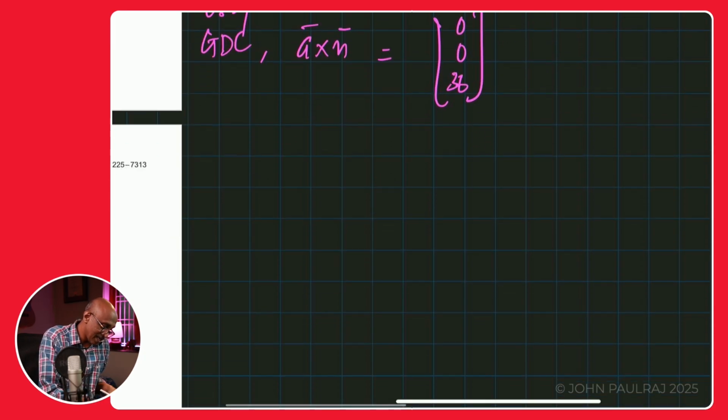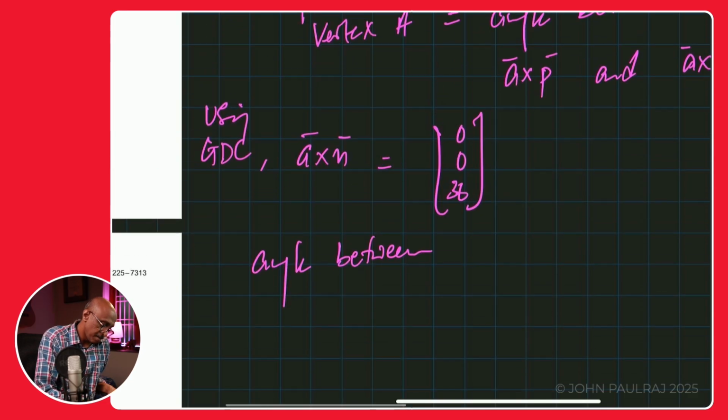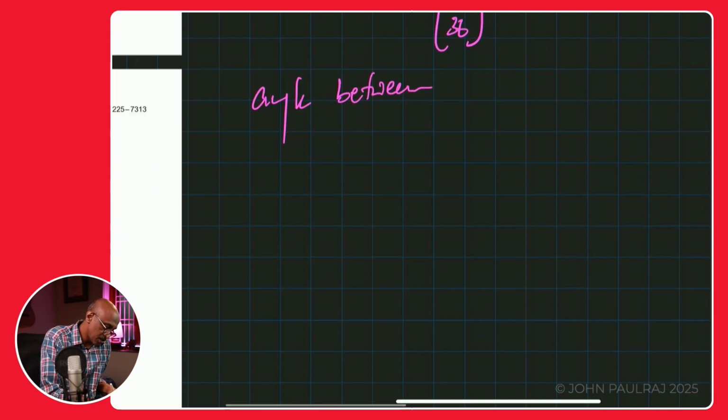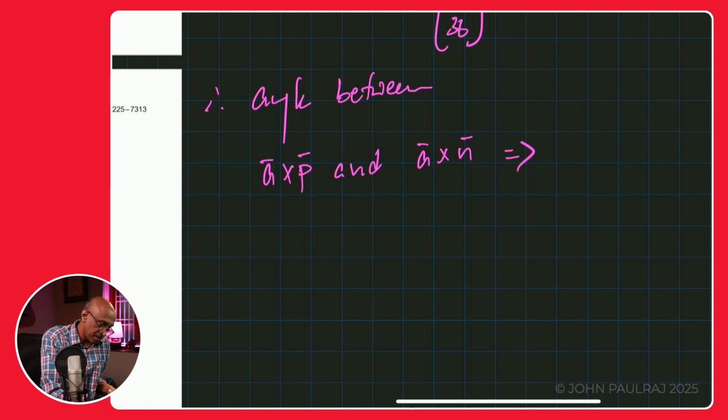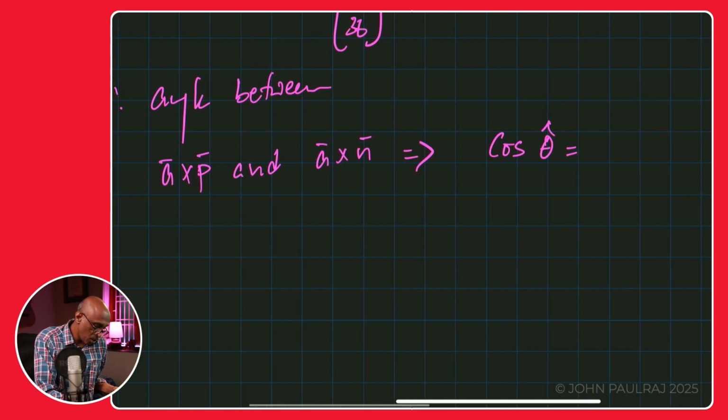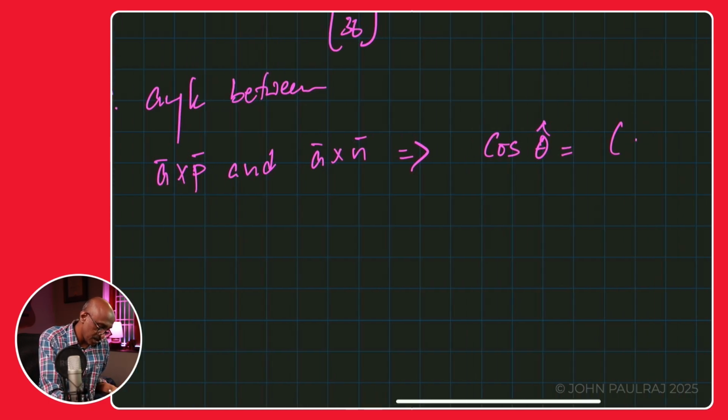Then we can write down the angle between A bar cross P bar and A bar cross N bar. Cos of the angle, if you want to call that theta, is equal to the dot product between those two vectors, A bar cross P bar dot A bar cross N bar.